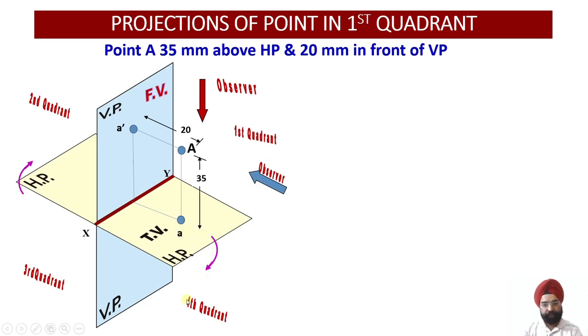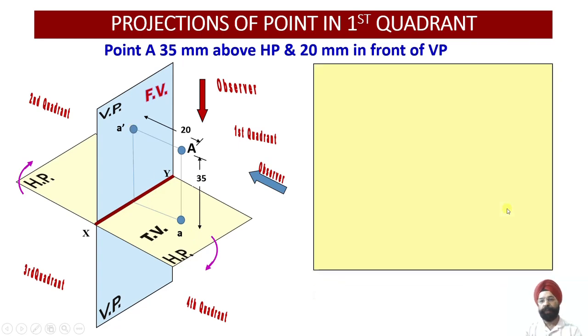So once I fold this horizontal plane downwards, just see, a dash and a, they will be lying in one vertical line. So a dash, that is the front view, will lie 35 mm above this XY reference line, whereas the top view will be lying 20 mm below the XY line, just vertically below the point a dash.